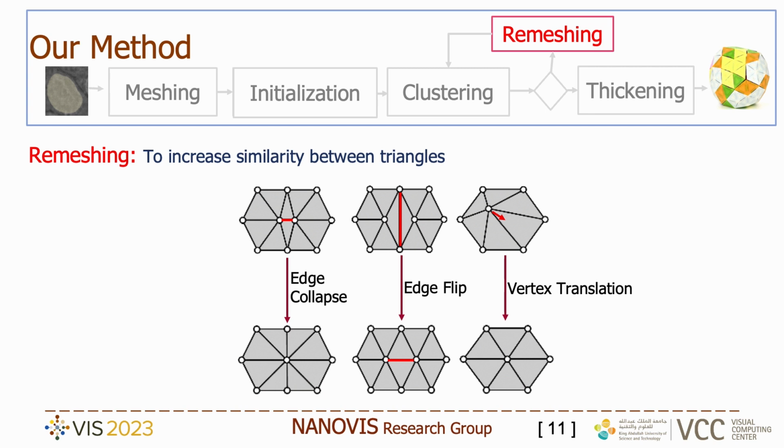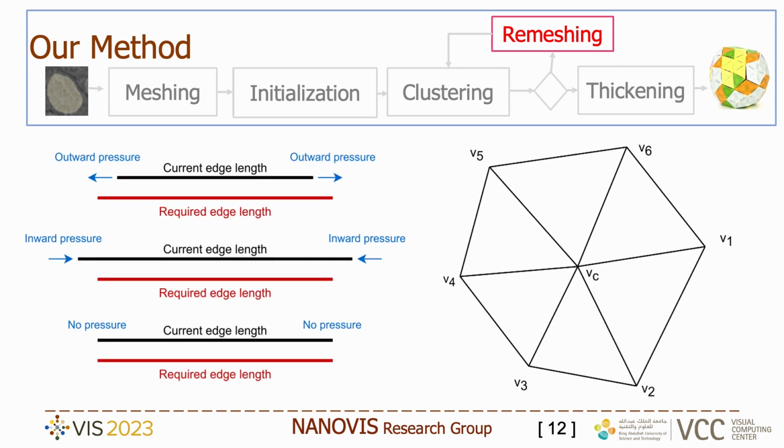Remeshing is altering the mesh for making the triangles in the same cluster similar. We have 3 local operators. Edge collapse and edge flip are rarely used. The vertex translation is iteratively applied with clustering until we reach the desired number of k types of identical triangles. Each vertex gets a pressure from all adjacent edges.